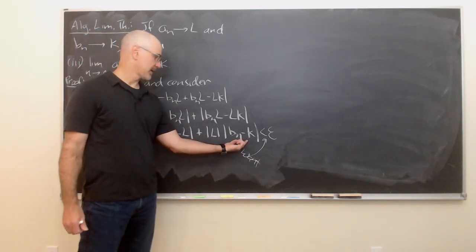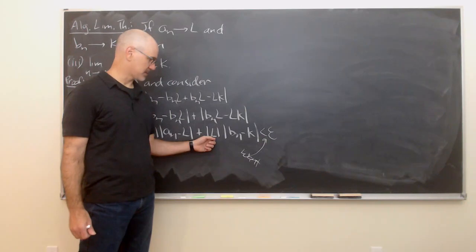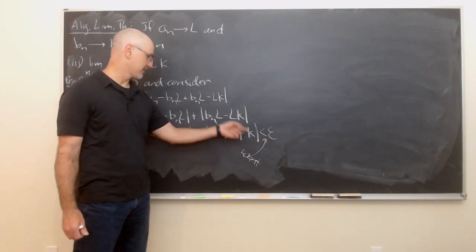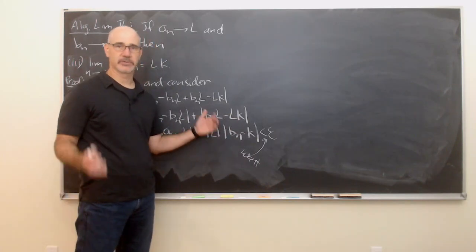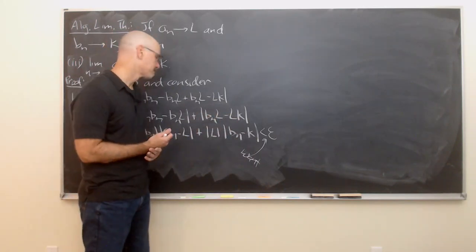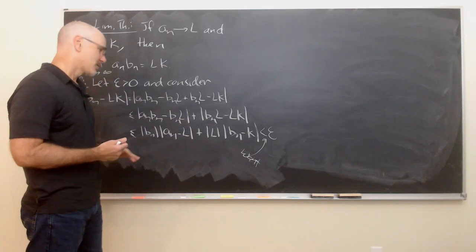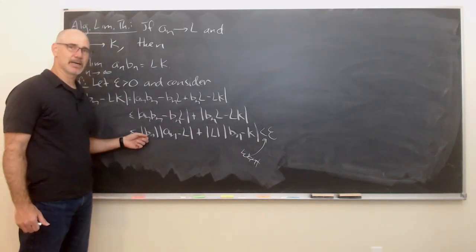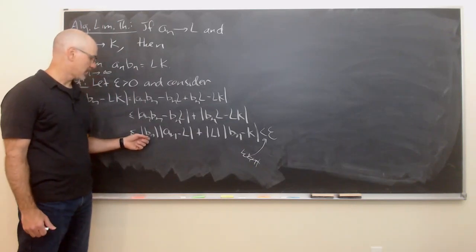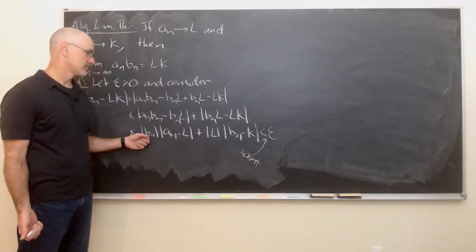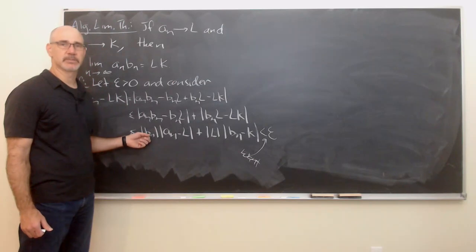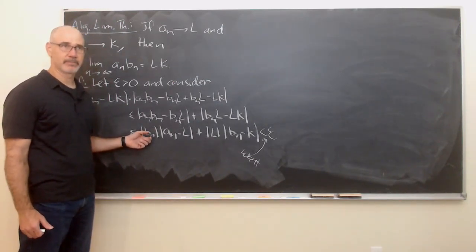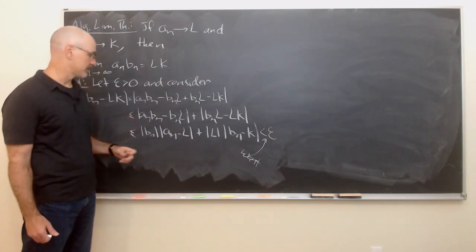I've got Bn minus k times some constant in this case. So if I make Bn minus k small enough, that piece will be less than epsilon over 2, and then I'll put them together. Well, it's not quite that straightforward in this case, unfortunately, because this Bn is not a constant. So I first have to get control, so to speak, over this Bn, so that I've got a definite way to select my modified epsilon for this piece.